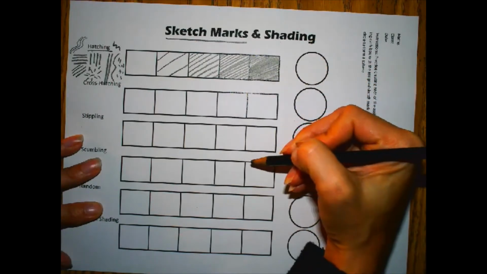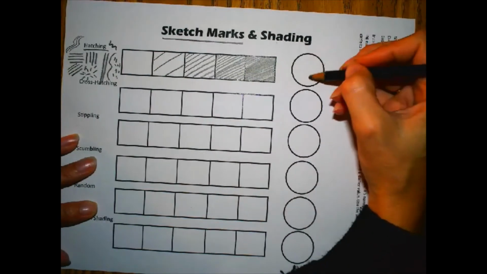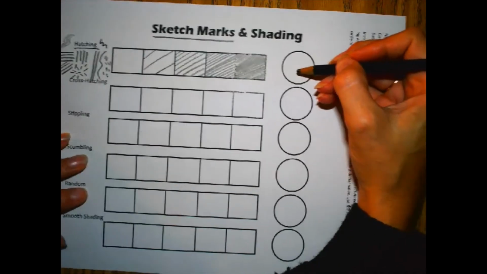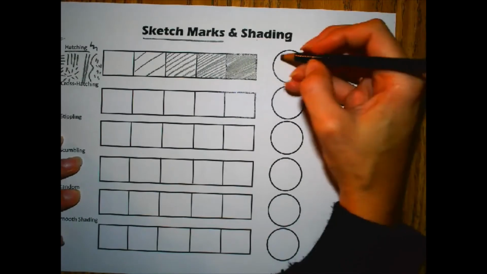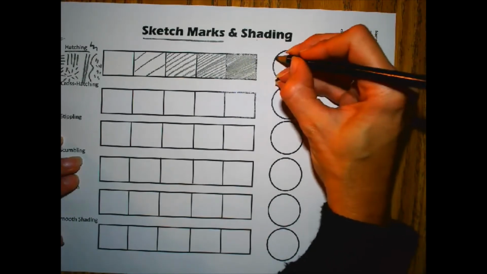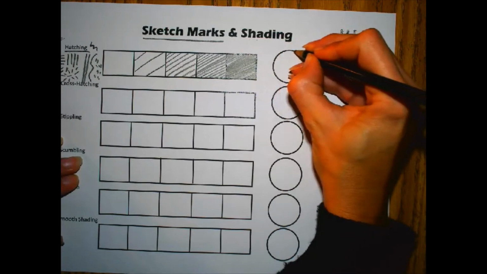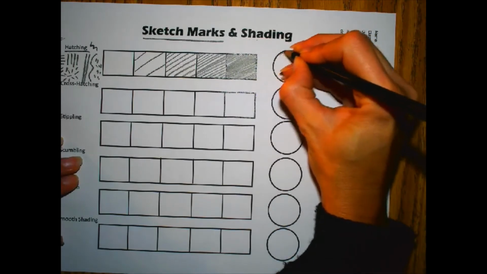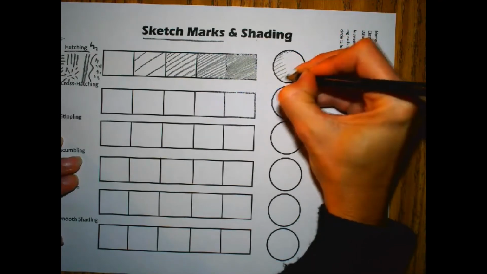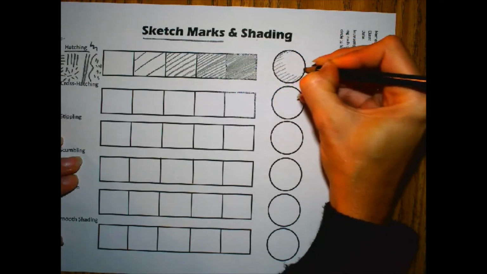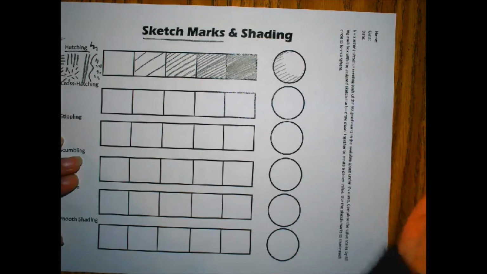Over here to the side I have a circle, and I want to do a little bit of sketch mark within that circle to create the illusion of form. So I'm shading using sketch marks. If we're using hatch marks, then again we might have some long ones and some short ones that add a little bit of dimension to this circle to make it look more like a sphere.